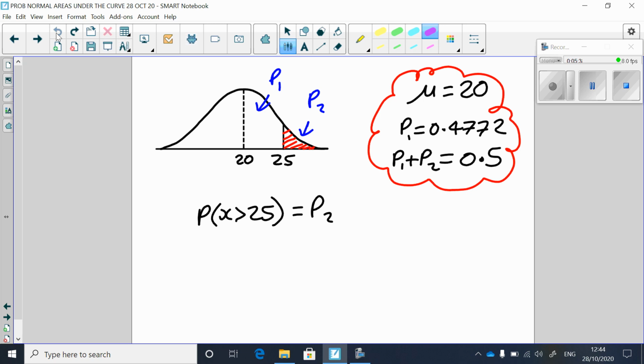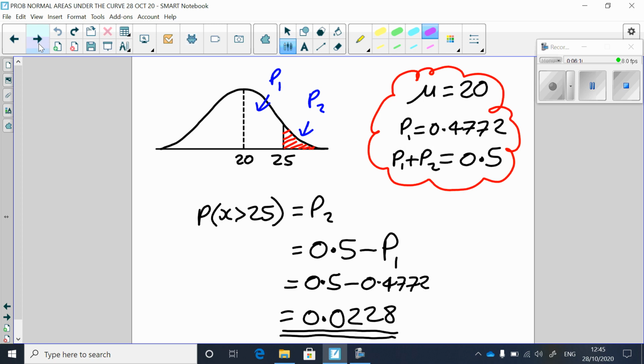Because it's a tail ender, it has to be a half minus that. The reason is that P1 plus P2 is a half, so P2 itself must be a half take away P1. That's how I get that next line. We can see P1 up there from the tables, just subtracted. It's been evaluated.